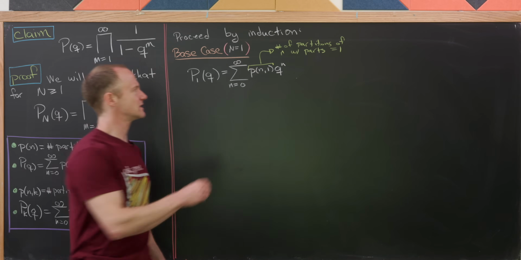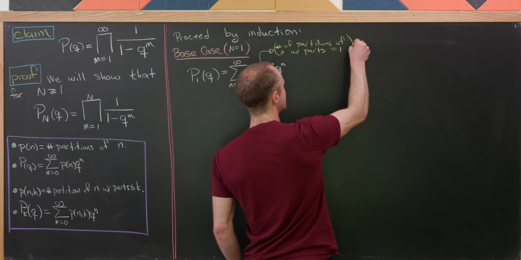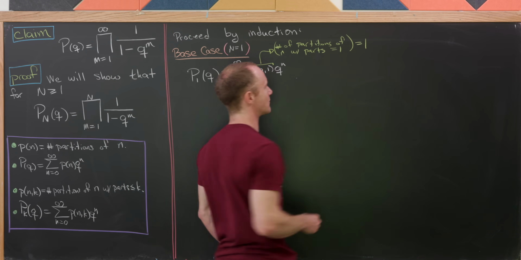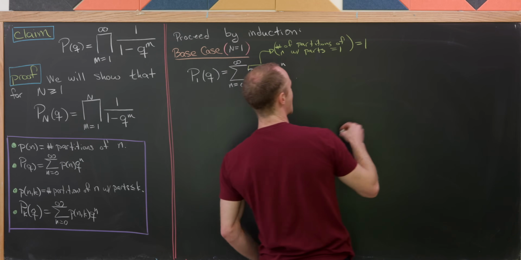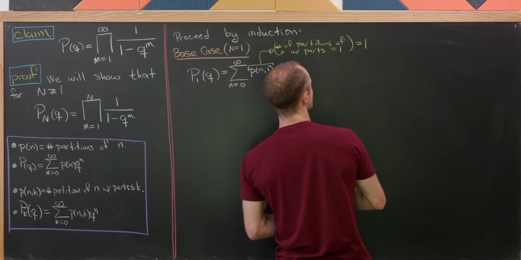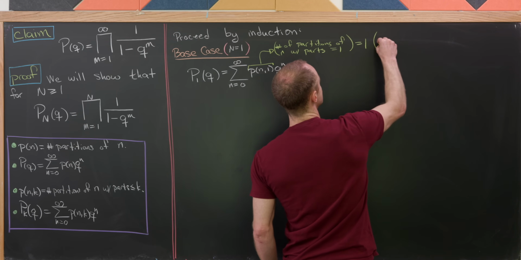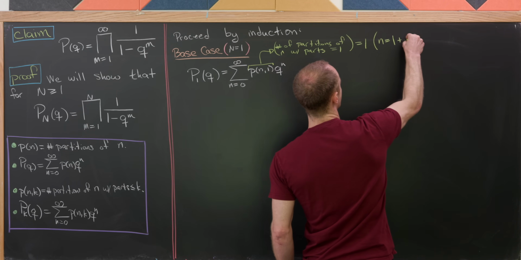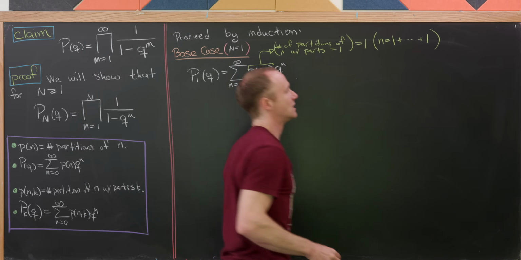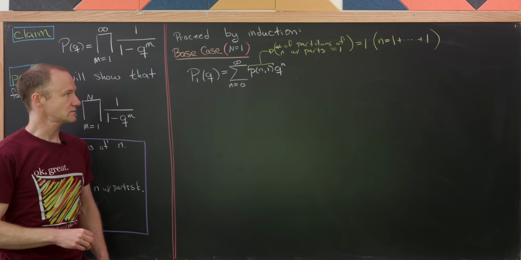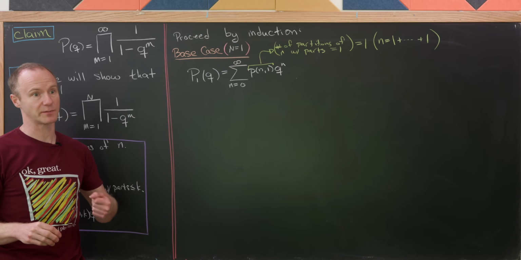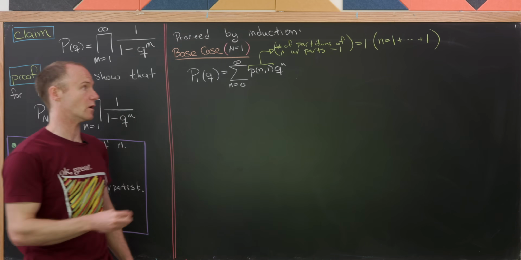But now let's observe that that's pretty clearly equal to the number 1 all of the time. And that's because our only partition here is the partition n is equal to 1 plus 1 plus 1, and so on and so forth, n copies of 1. There's no other way to build a partition of n using only 1.